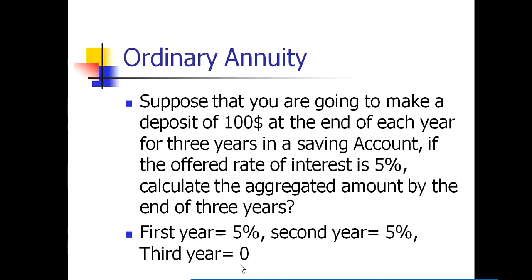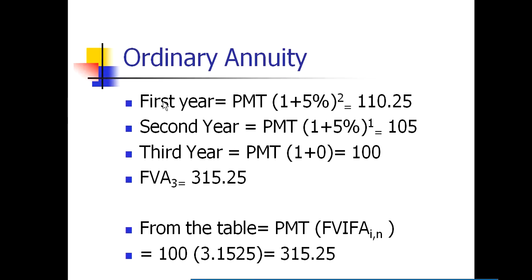So in that period he is going to collect his or her money, and he will not get interest on the final payment. So the first payment will earn interest for 2 years, which is the remaining period.